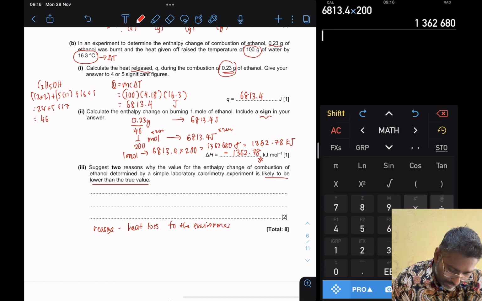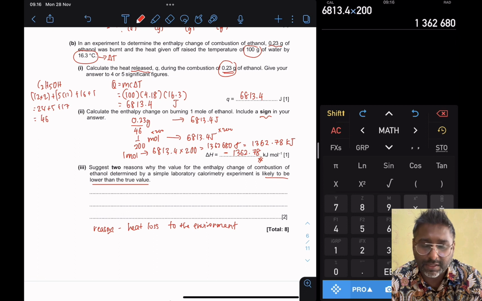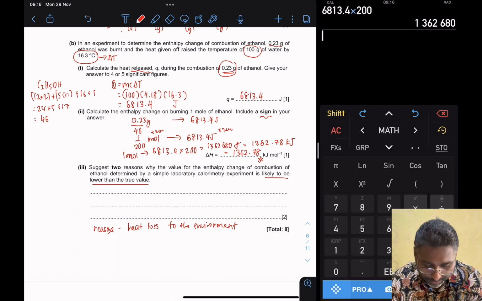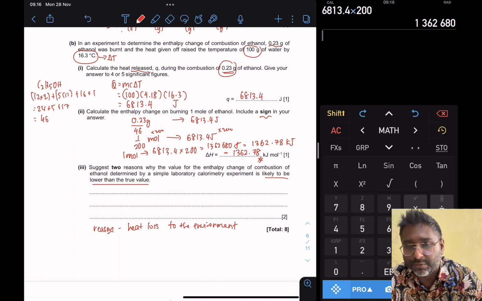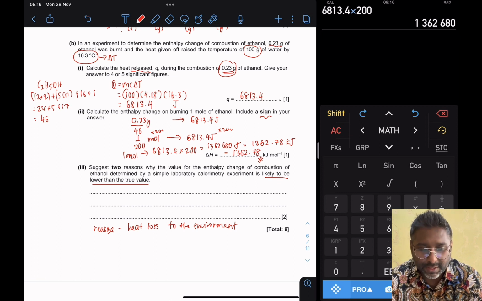Not 100% of the heat is transferred to the water. There is heat loss. And then there might be other reasons, like for example, we are not doing it at standard condition. Maybe it's not at 25 degrees Celsius and not at 1 atmospheric pressure.